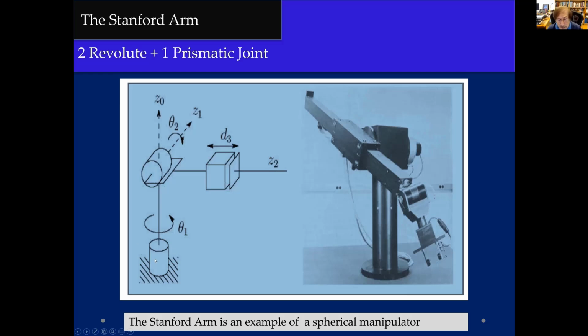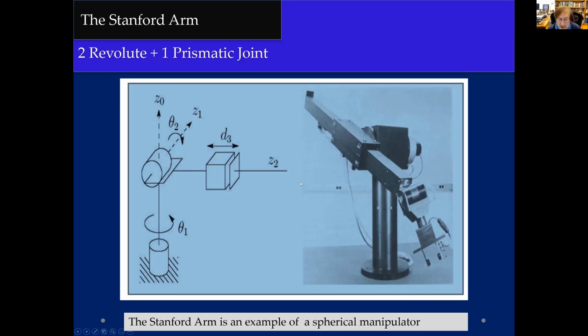Now, this one is a revolute joint, so we understand that here the robot can rotate. This one is another revolute joint, and this one is actually rotating. This one is another revolute joint.